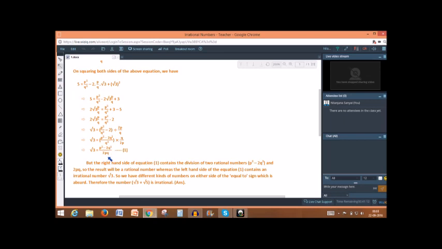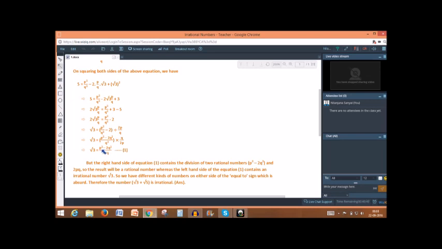Why are these two rational numbers? Because we know that p and q are integers. So on squaring an integer, we get another integer. So p square is an integer. Also q square is another integer, which when multiplied by this integer 2 gives us a product which is again another integer.